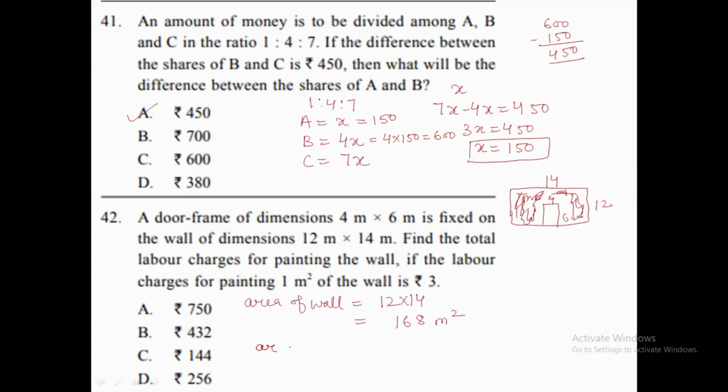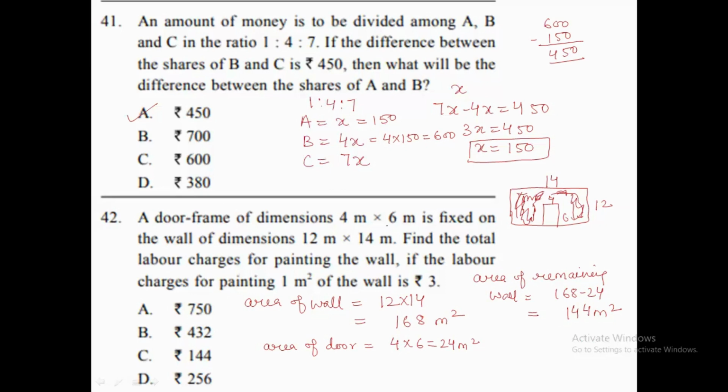Now we need to find the area of the door, which is 6 fours are 24 meters square. Now the area of the remaining wall will equal 168 minus 24 meters square. When we subtract it, 8 minus 4 is 4, 6 minus 2 is 4 again, so we find that 144 meters square is the remaining wall area that needs to be painted.